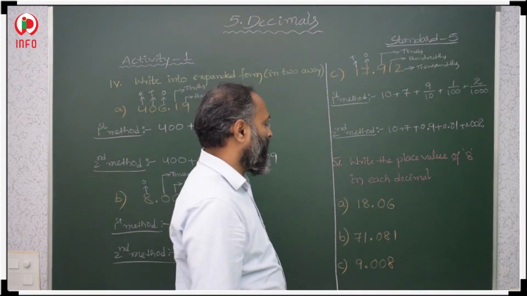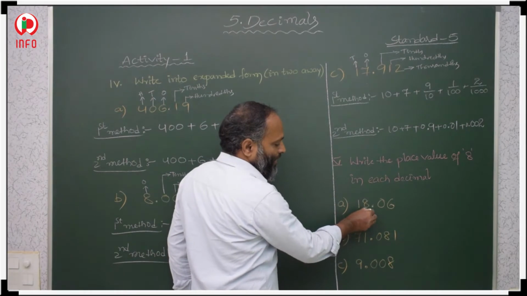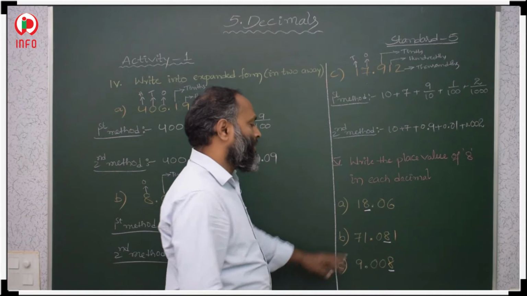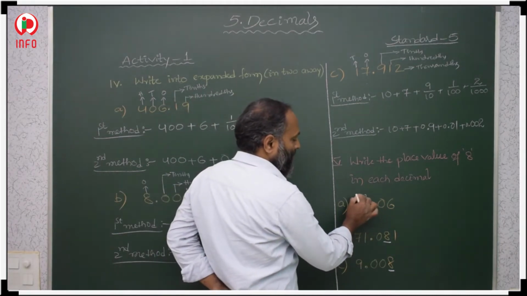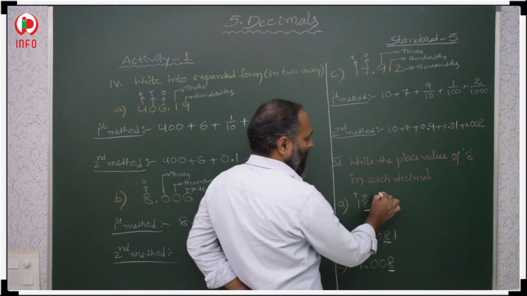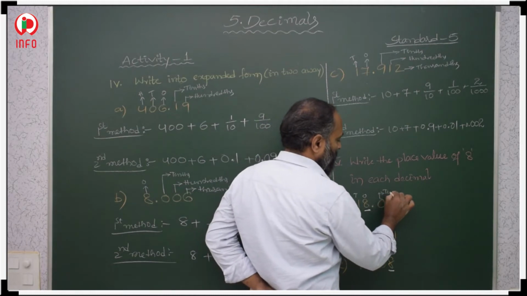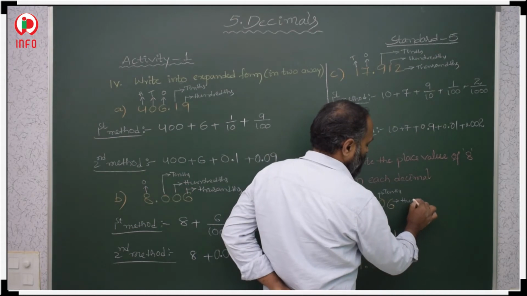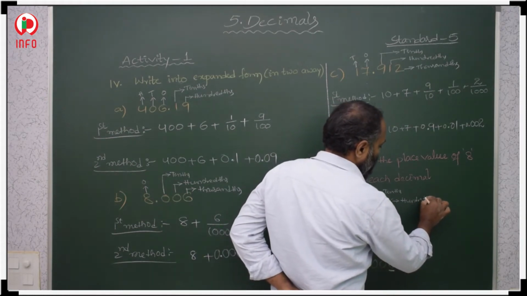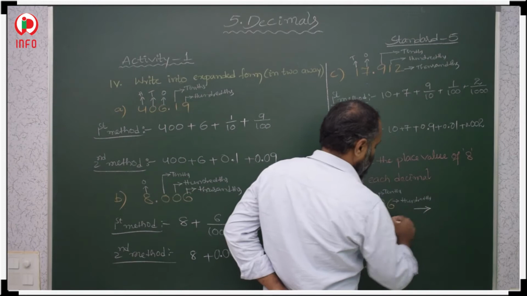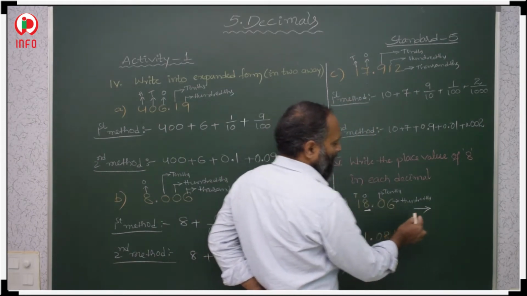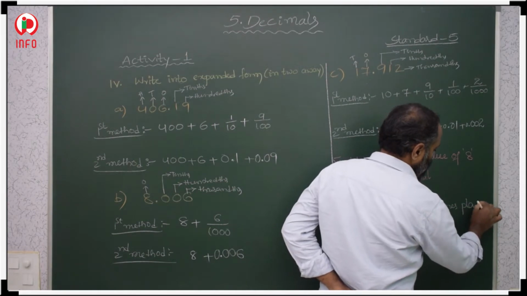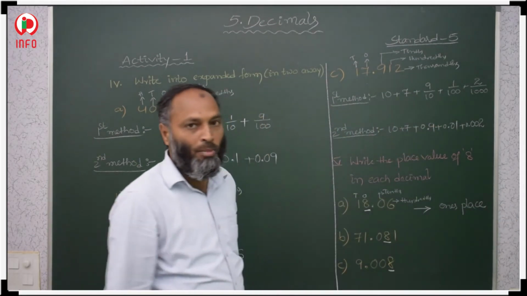In the 5th bit, the place value of 8 is being asked. Here 8 is there, here 8 is there, here 8 is there. In the first one, this is ones, this is tens, this is hundreds. So the first 8 is in the ones place.